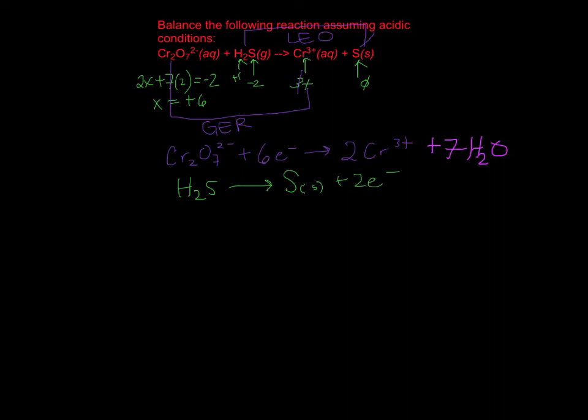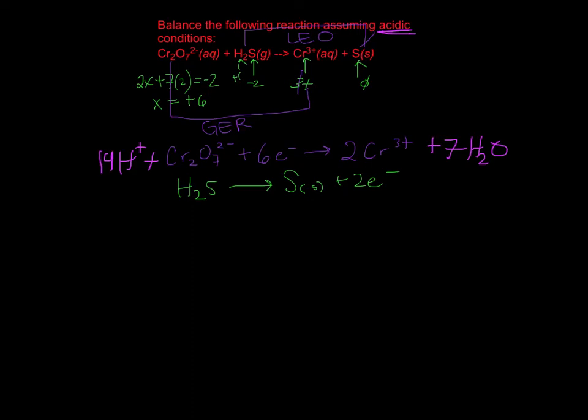And now our hydrogens are not balanced, but luckily we're in acidic conditions, like was stated in the problem. So we can add H+ or hydronium ions to the left-hand side. Now we have 14 hydrogen atoms on the right-hand side, so we're going to add 14 H+ to the left-hand side.